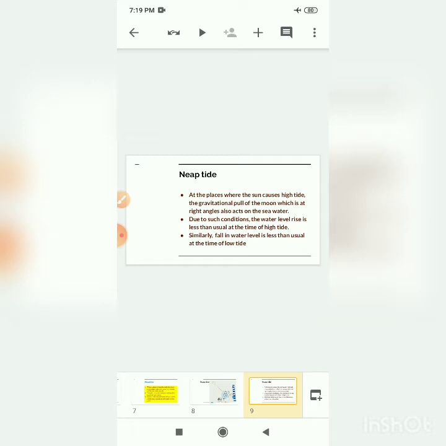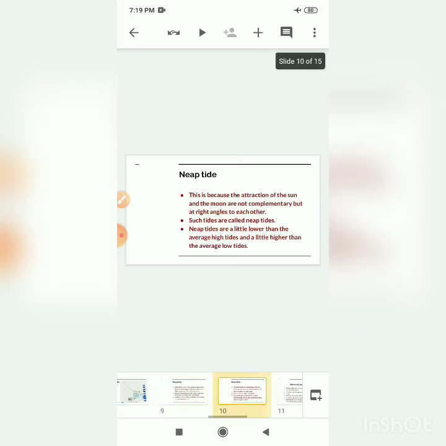So the places where the sun causes high tide, the gravitational pull of the moon is at a right angle. We have already seen this in the diagram shown to you. Due to such a condition, the water level rise is less than usual at high tide, and similarly the fall in water level is less than usual at low tide.